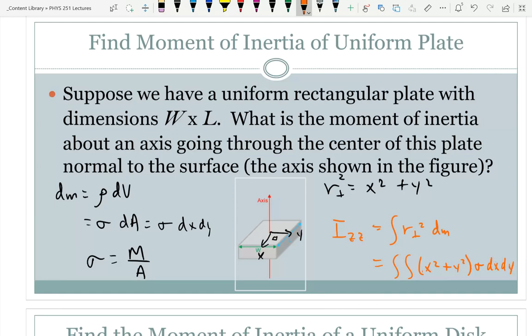All right, I have a double integral because I have an x and a y. And then I need to put my limits. What are my limits?